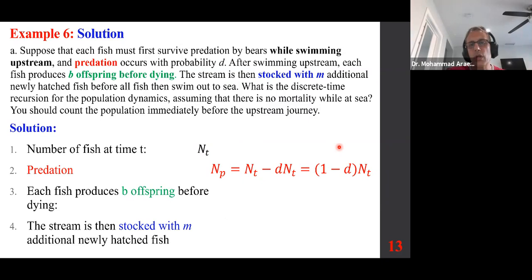Okay. What happens afterwards? Well, after the predation, there is B offspring before dying for each fish, okay?